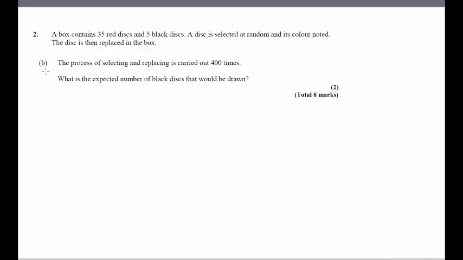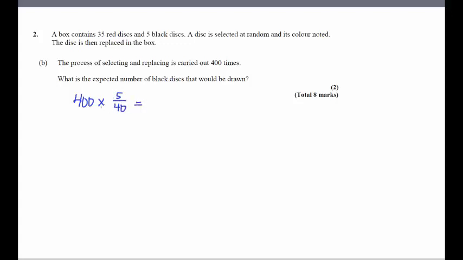And part B of question 2 says that this process of selecting and replacing is carried out 400 times. What is the expected number of black discs to be drawn? Basically, you have 400 times that you're drawing out a disc, times the probability of getting a black disc, which would be 5 out of 40.